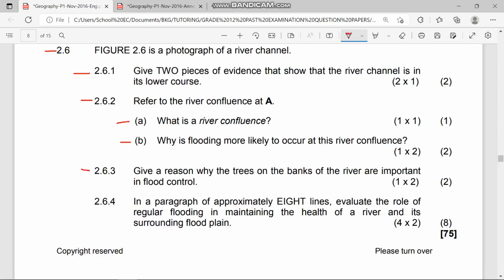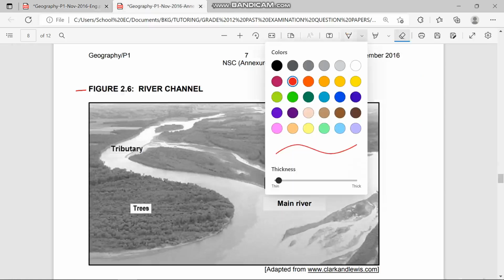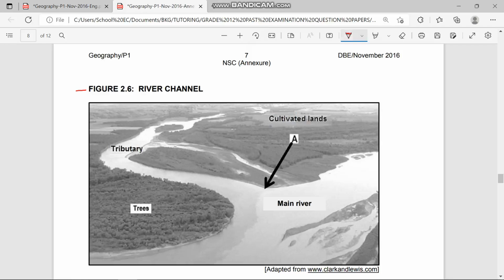2.6.3 says give a reason why the trees on the banks of the river are important in flood control. As you can see, on the side of this river there is vegetation, which are trees and so on. The question asks why those trees are important to control flooding on the river.